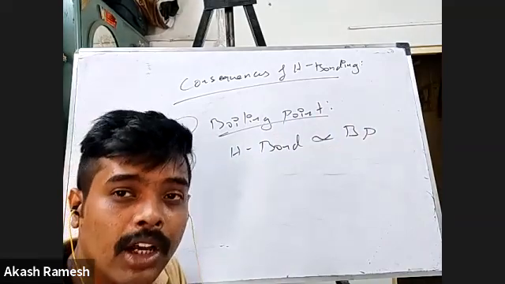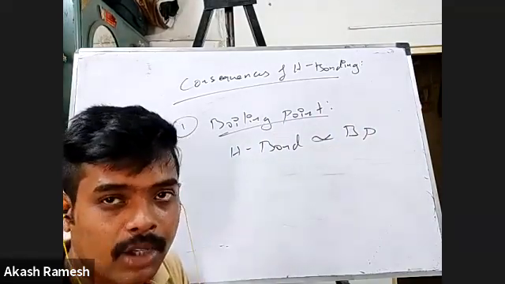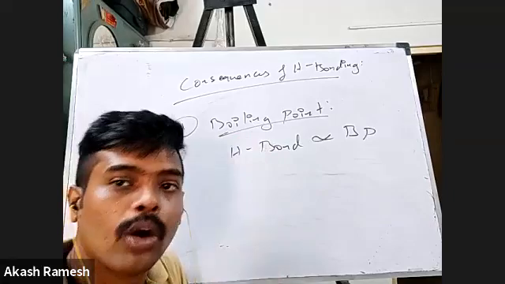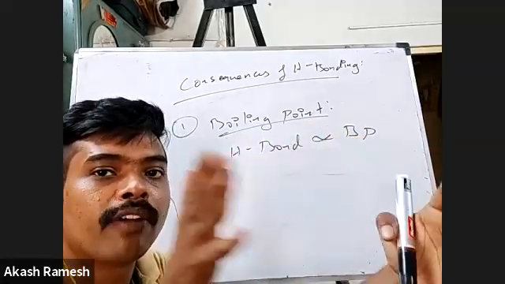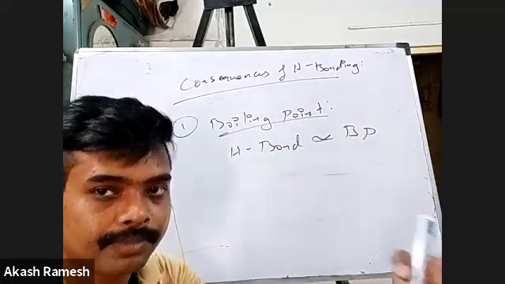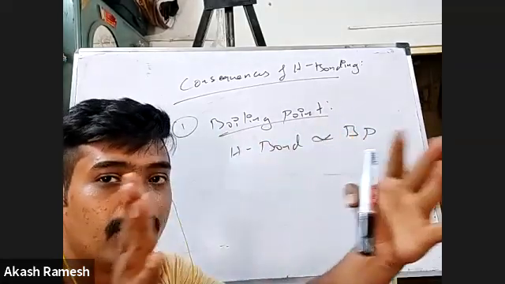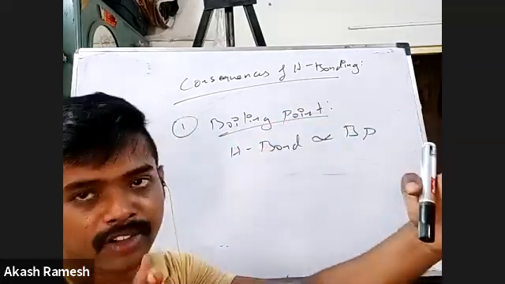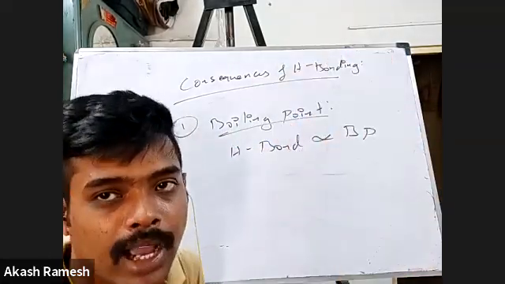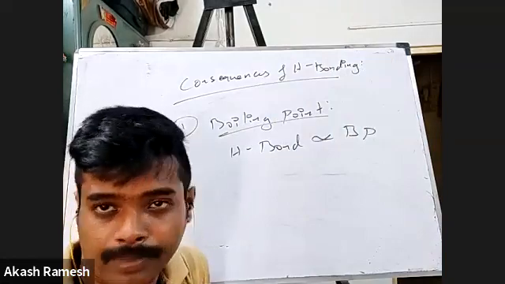That is why you're supplying energy. During boiling, you give heat because you want to make the molecules go far away from each other, and when they're very far away, they will eventually go from the liquid phase to the gaseous phase.